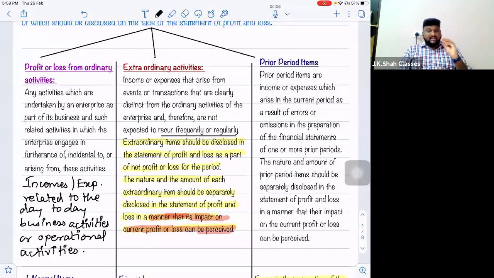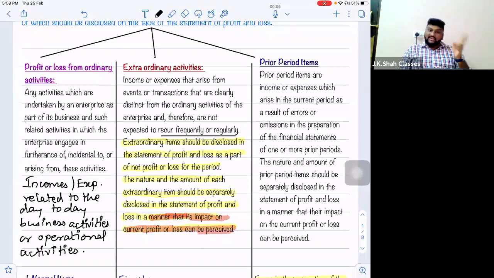But sir, there are certain ordinary items which are heavily material for your enterprise because of the nature of the transaction or the size of the transaction in comparison to the size of your enterprise. They can be either qualitatively material or quantitatively material.